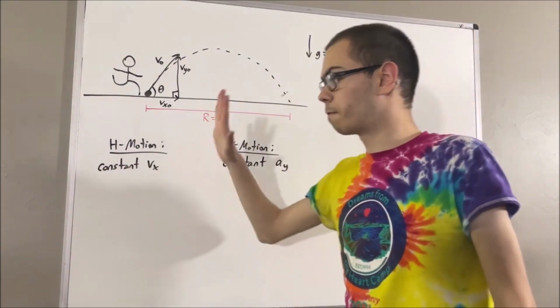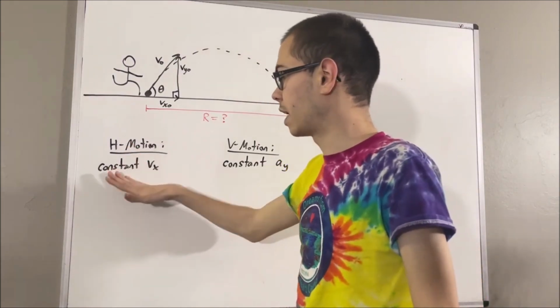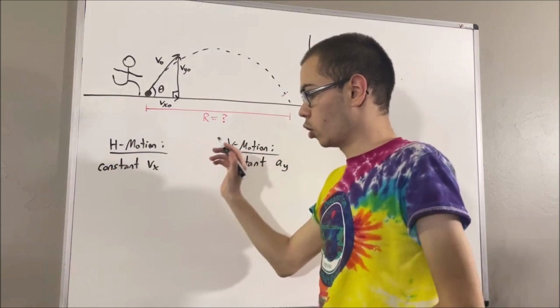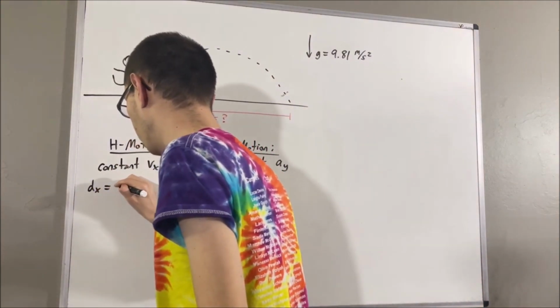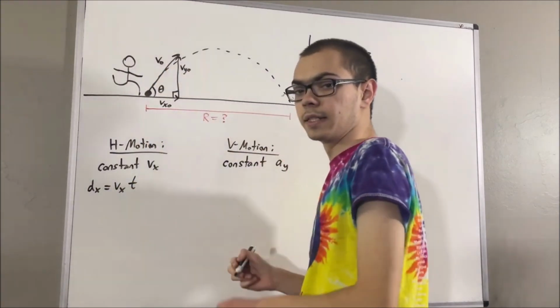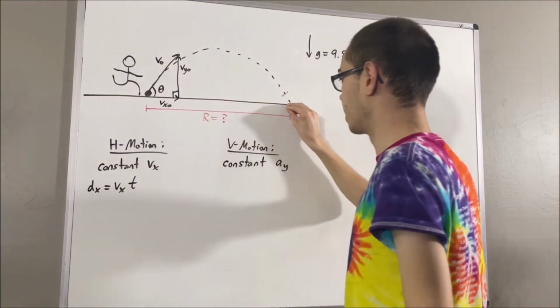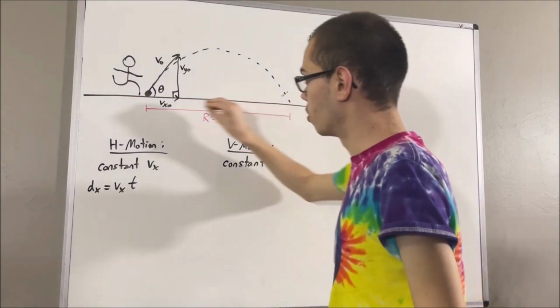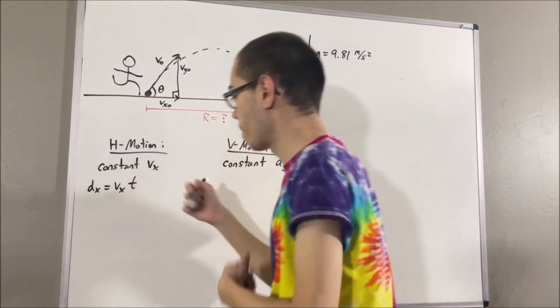Okay, so now let's first analyze the horizontal motion of the ball. Since we are dealing with constant velocity, the equation we can use is horizontal displacement is equal to horizontal velocity times time. In this case, we're interested in the displacement of the ball from here to here. Going from here to here, the displacement of the ball is r.